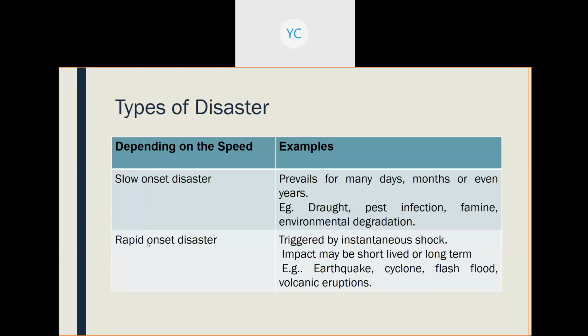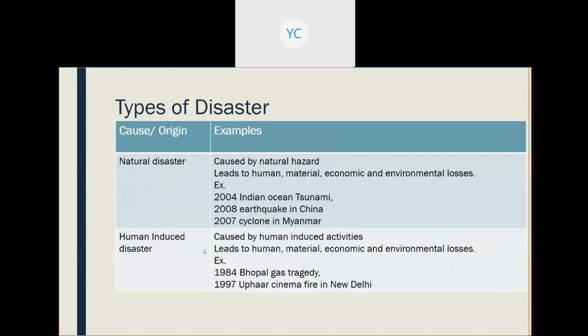Some, on the other hand, are very rapid, and you can see the effects quite immediately, triggered by an instantaneous shock. For example, earthquake. If there is a major earthquake, by the morning you will see everyone is in a hue and cry. Cyclone is another example. Floods, volcanic eruptions. All these can be triggered into rapid onset disasters.